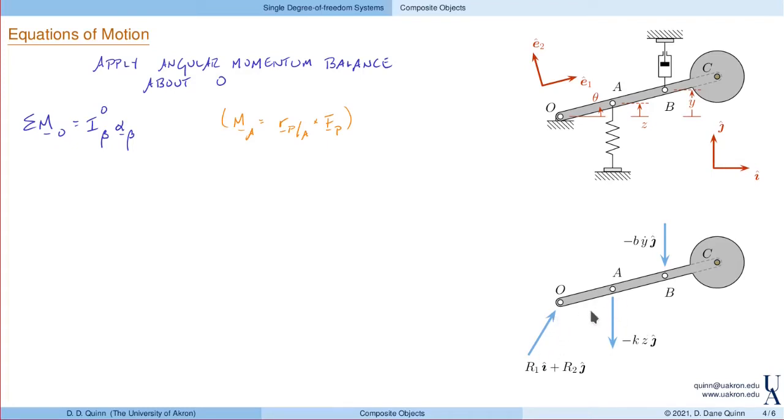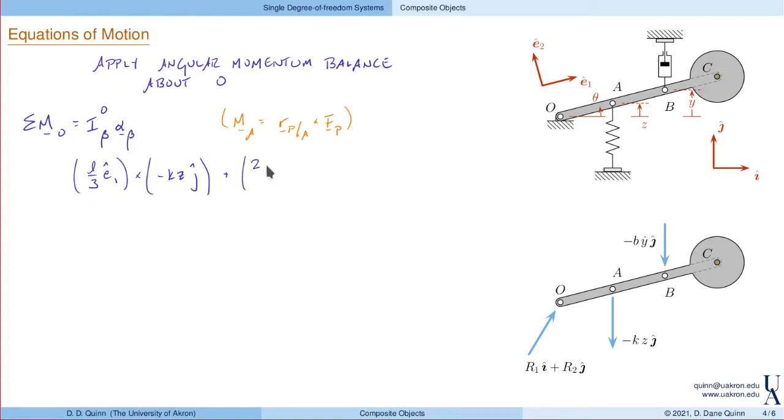Then let's calculate the moment produced by the spring. So that's moment arm, R of A with respect to O, L over 3 in the E1 direction, cross the force itself, so that's minus K times Z in the J direction. Then we have the moment produced by the damper.